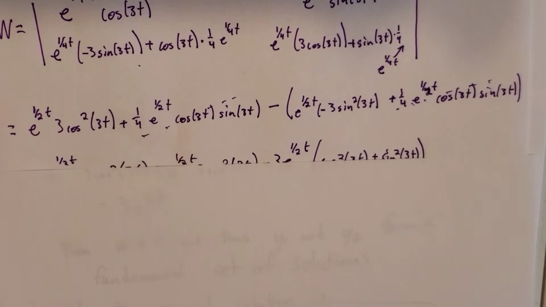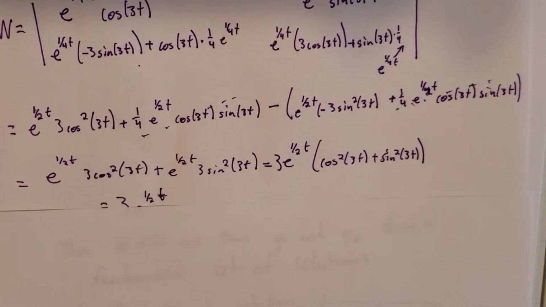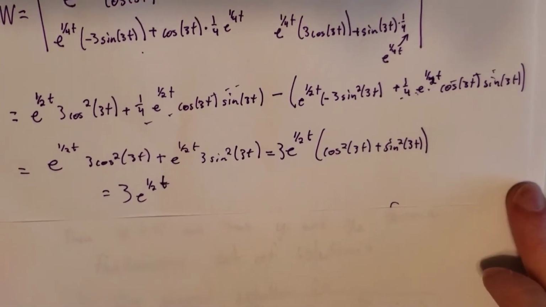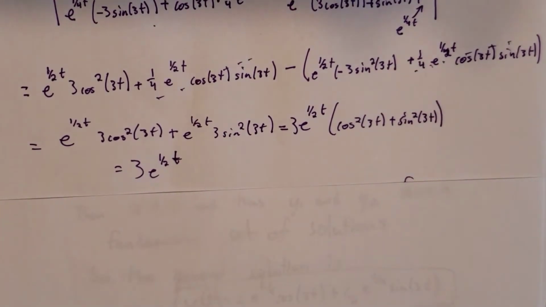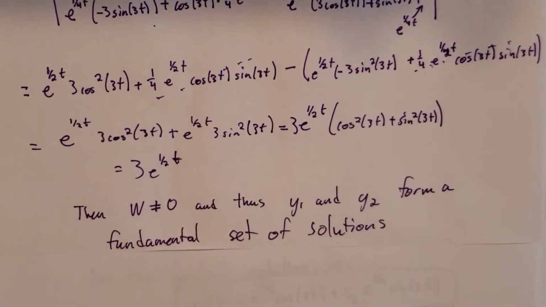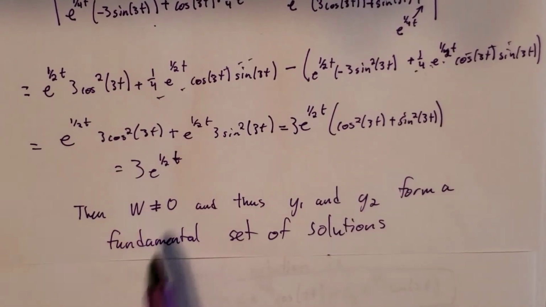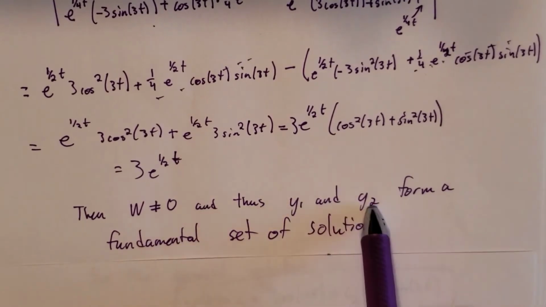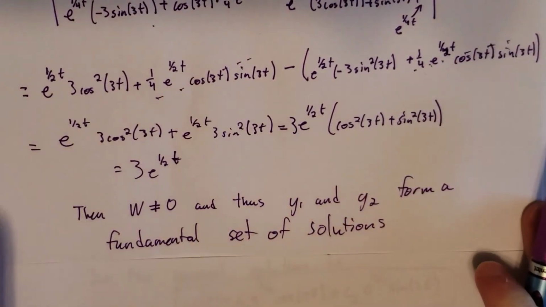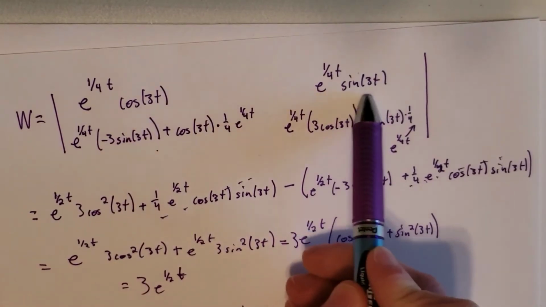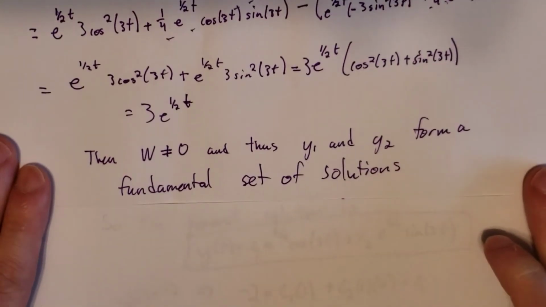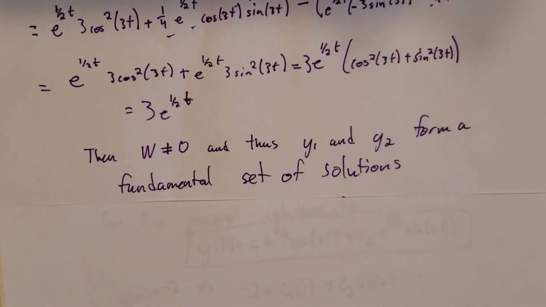We calculate that determinant. It reduces all the way down to 3 times e to the 1/2 t. And as a reminder, since that is not 0, if the Wronskian is not 0, that tells us that y1 and y2, again, y1 is here, y2 is here, those two functions form a fundamental set of solutions.